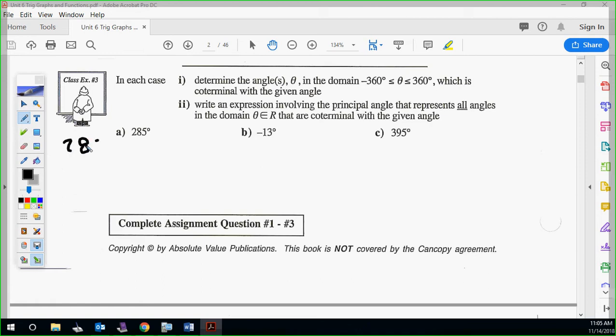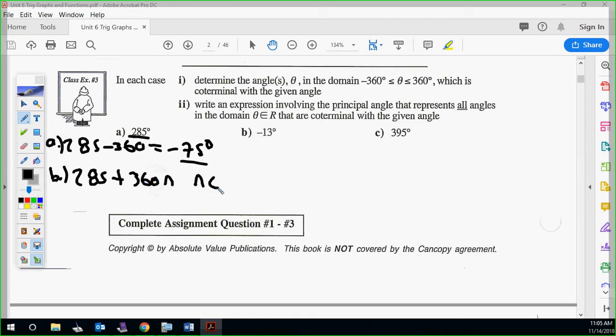Right, so you go 285 minus 360, and so the negative piece is -75. So these two both land at the same arm. Okay? And so then which number, 285 or -75? Which one's the principal? 285 is. So this is part A. Part B is we're going to go 285 plus 360n. Again, n has to be an integer.